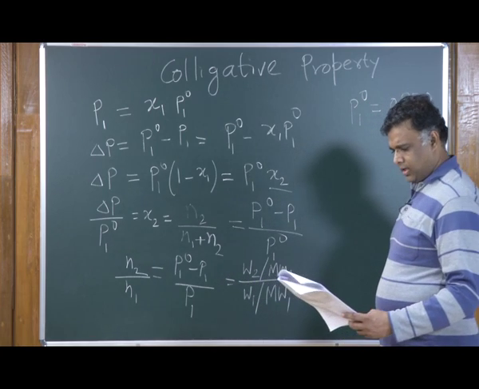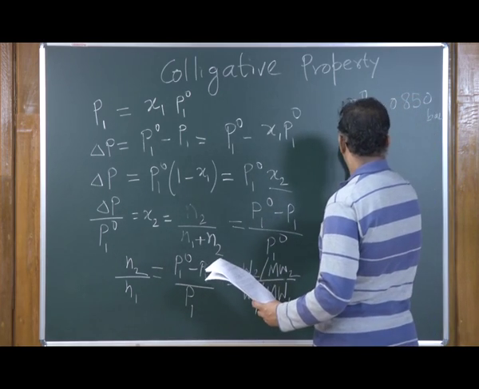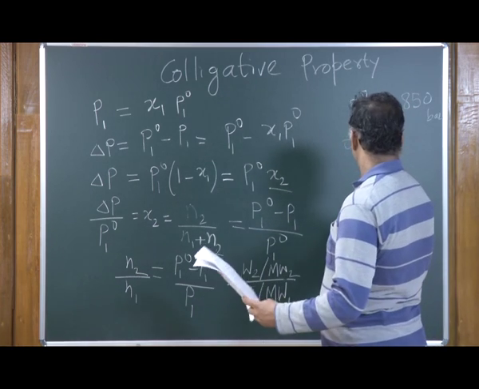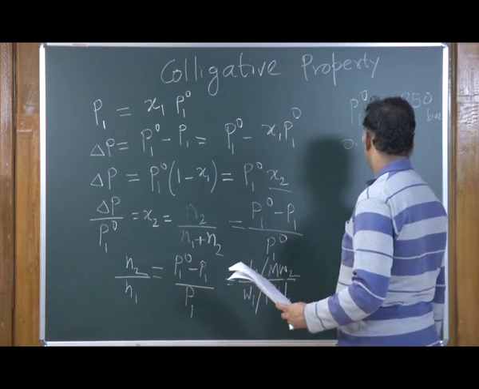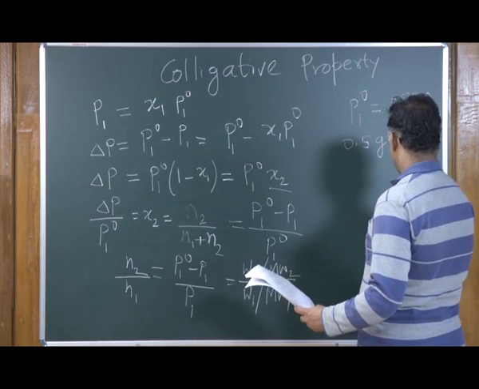In a non-volatile, non-electrolyte solid weighing 0.5 gram. We do not know what solute this is. We are adding 0.5 gram of this solute in the benzene. And how much benzene? 39 gram of benzene.